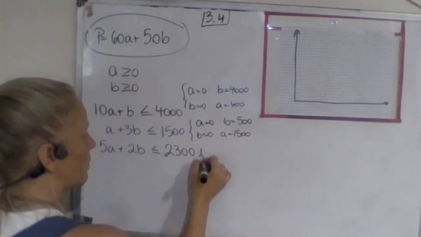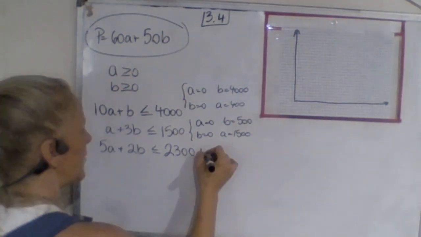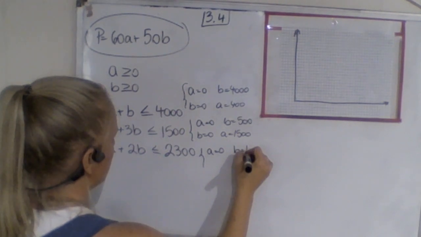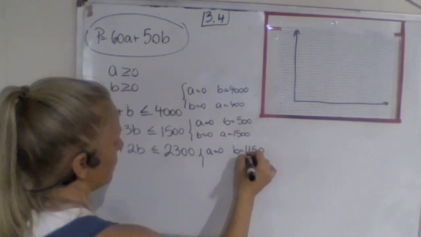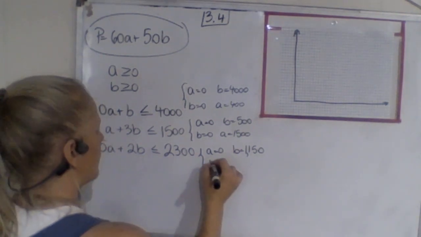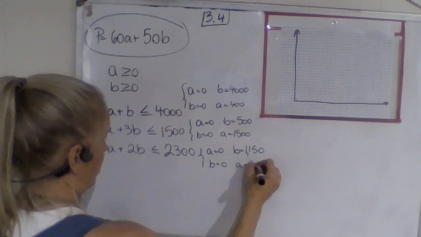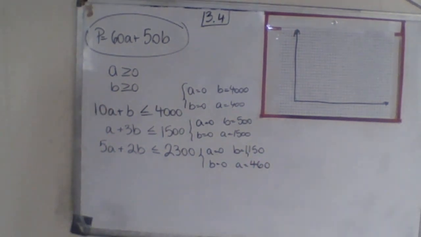And then for the third one, this is just the standard stuff. When A is 0, B is 1,150. When B is 0, A is 460. Okay, these are my values.